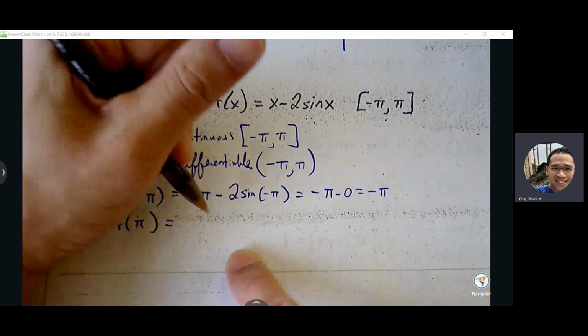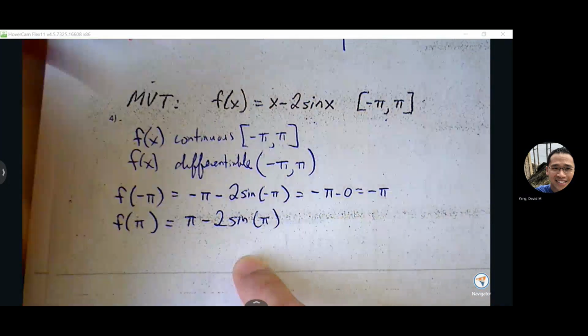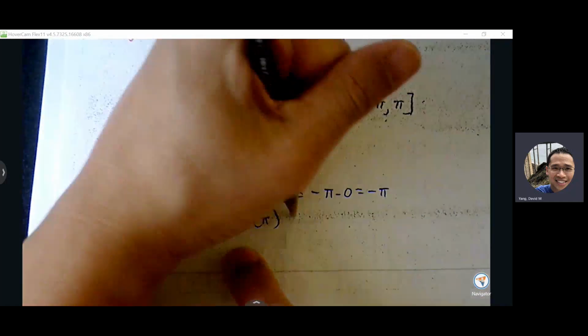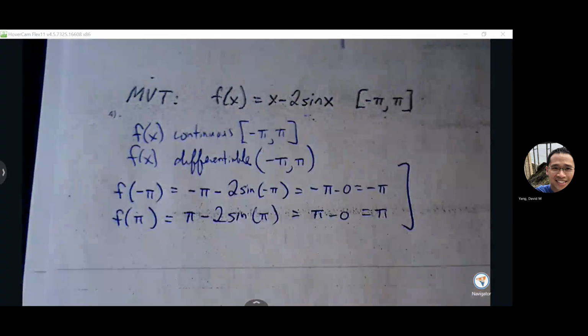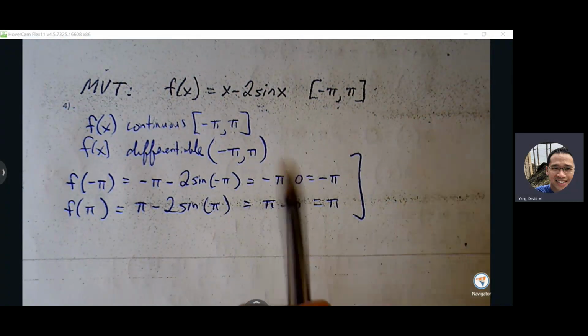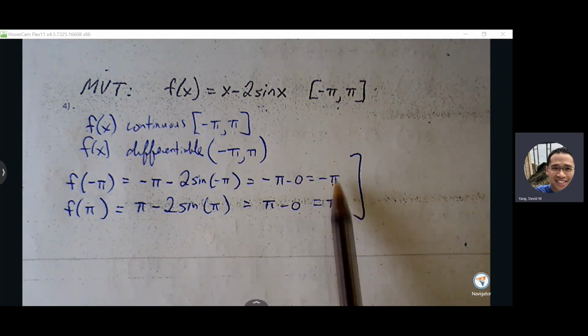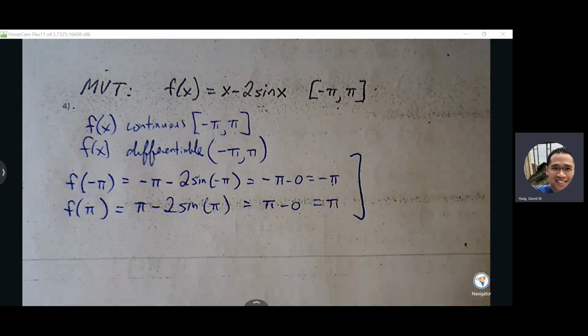Okay, f of pi. Sine of pi is 0, so this ends up being pi. So not the same values, which is fine. These would have to be the same if it was Rolle's theorem, but with mean value theorem we can have different slopes.